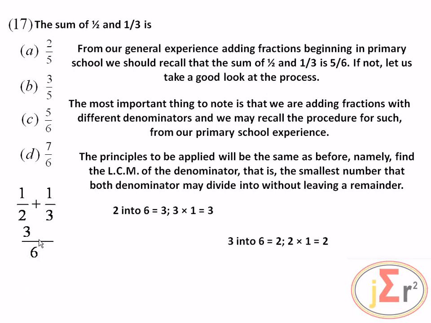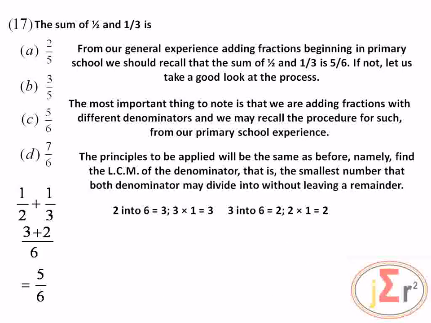Then we say 3 into 6 is 2. 2 ones 2. 3 plus 2 is equal to 5. The answer is 5/6. So by making use of common denominators, we could have solved the problem. Also, there we have our answer, option C.